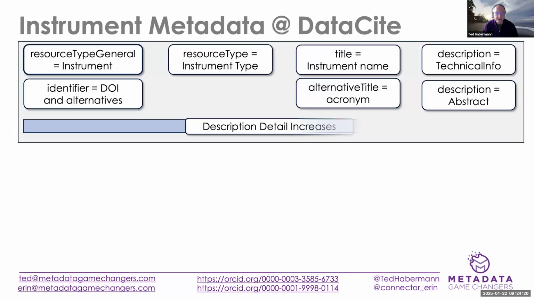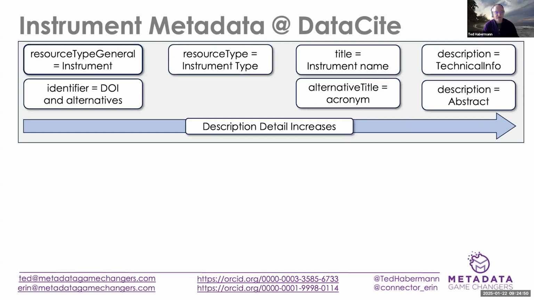So talking a little bit about instrument metadata at DataCite, I mentioned resource type general. That's the instrument in this case, and there are 28 of those. And then the DOI, and you can have DOIs and alternative identifiers on the left here. That's sort of the least detail that we can have about instruments. Resource type, I mentioned earlier, is the free text description of the instrument.